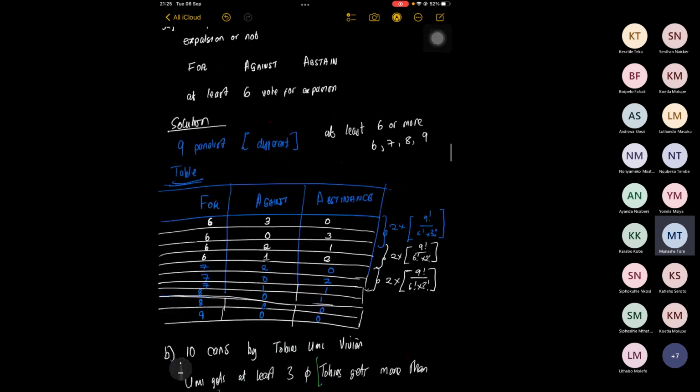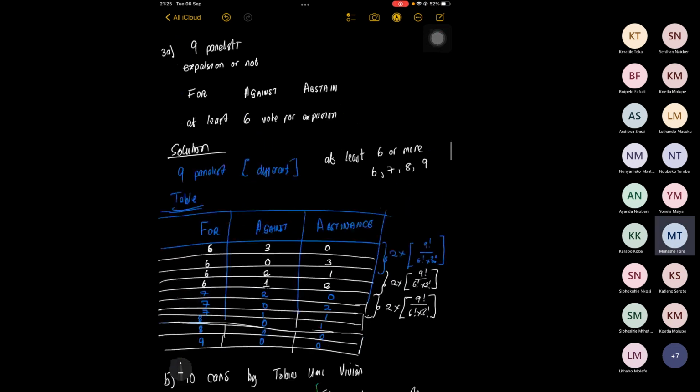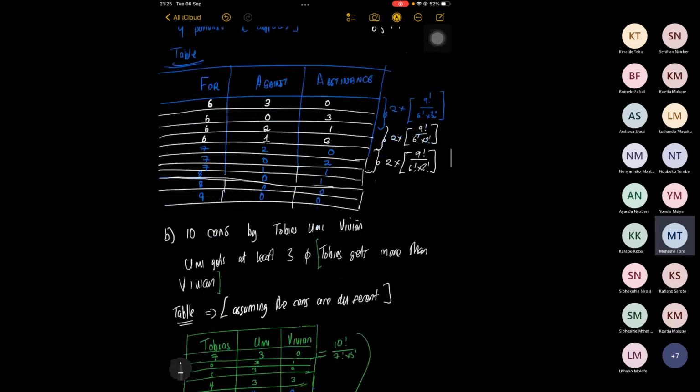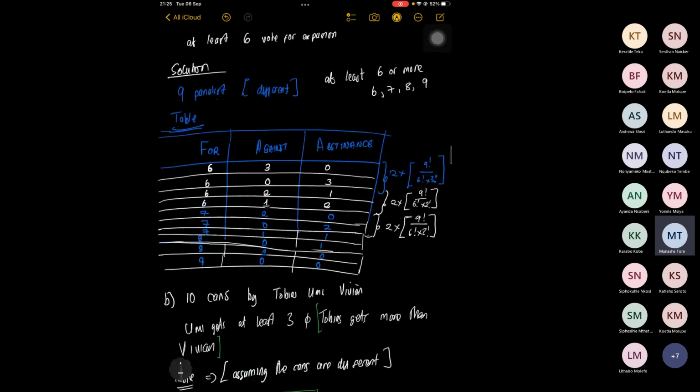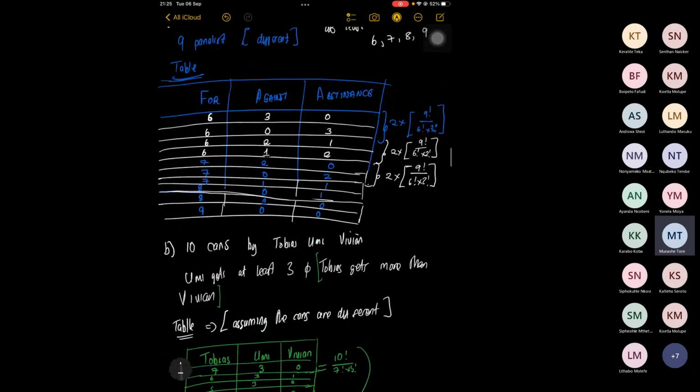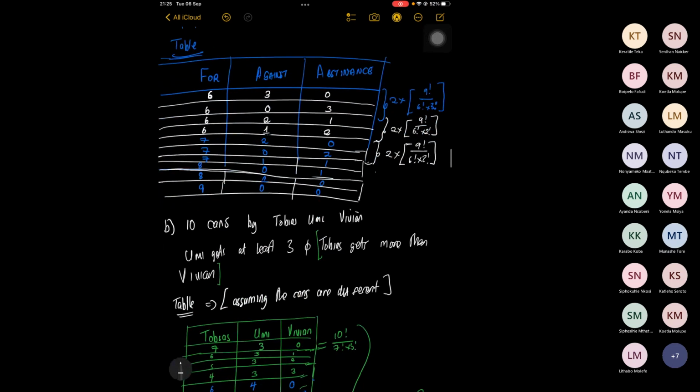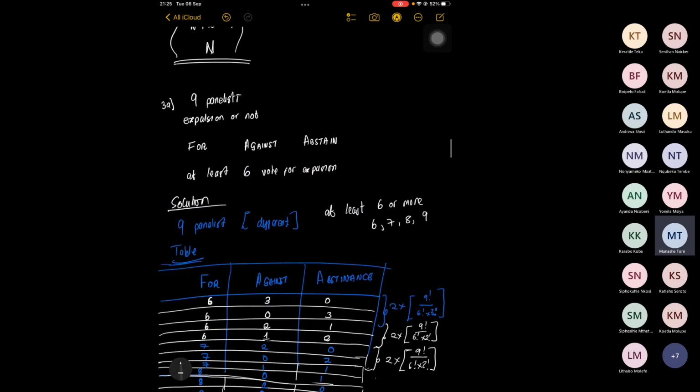Then if it's different, yesterday we said when you're dealing with different things, you use the table thing. From this table, the question was saying you have 9 panelists that can vote for, against, or abstain.